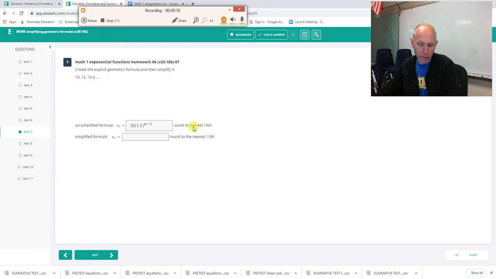I didn't have to do any rounding. And then working in the opposite direction, it's 10 divided by 1.2, which would take me to 8.3. So the value of the zero term is 8.3. There's the rounding. 1.2 raised to the n.